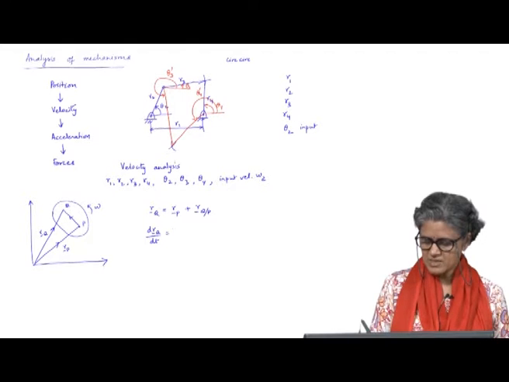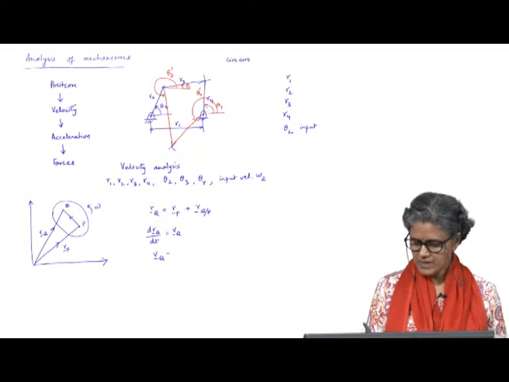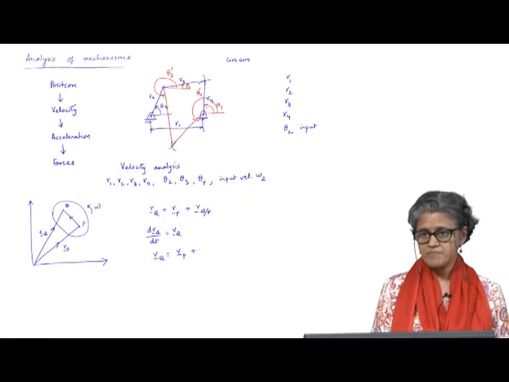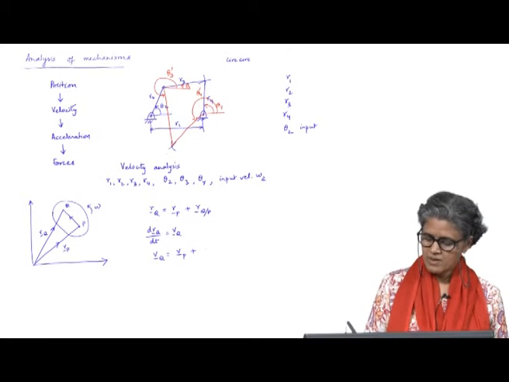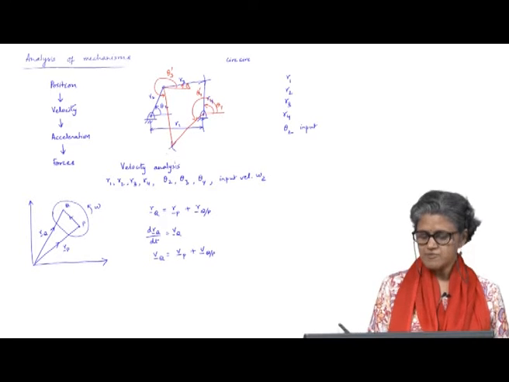So, this is the velocity of Q. I can write the velocity of Q as the velocity of P plus the velocity of Q relative to P.